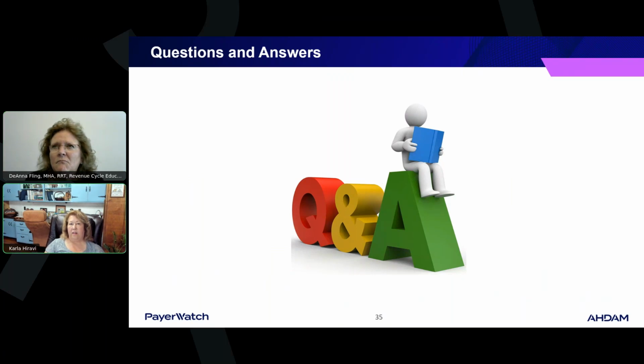Okay, I'll address that one. What we do at Payer Watch is we check to see, first, was the reviewer correct? Because there are times that the reviewers are not correct.